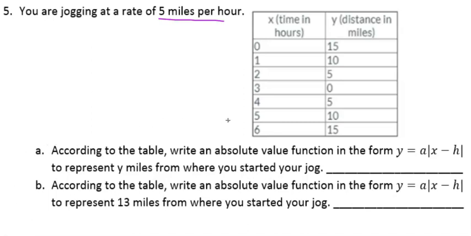So the first thing that we want to do is find our vertex. Our vertex can be found on the table by finding what point the y values start changing direction. So we have 15, 10, 5, 0, 5, 10, 15.